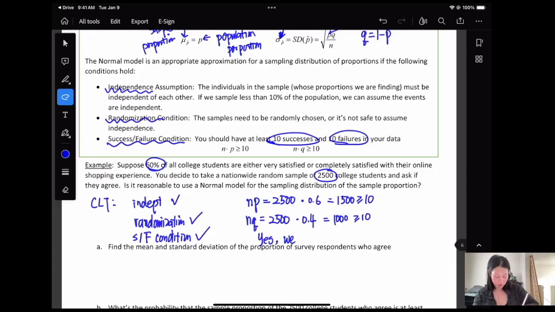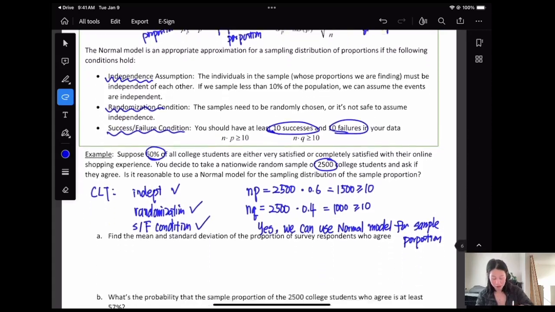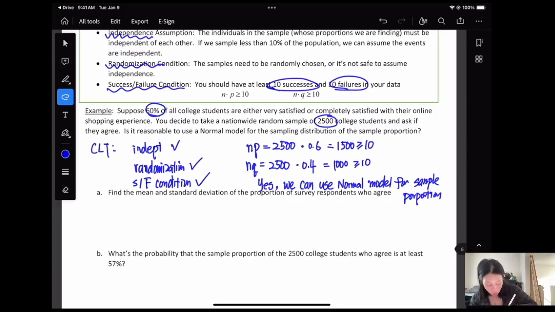Yes, we can use the normal model for the sample proportion. Now, find the mean and standard deviation of the proportion of survey respondents who agree. By the property, we know that the sample proportion mean, mu p hat, is equal to the proportion, which is 60%.